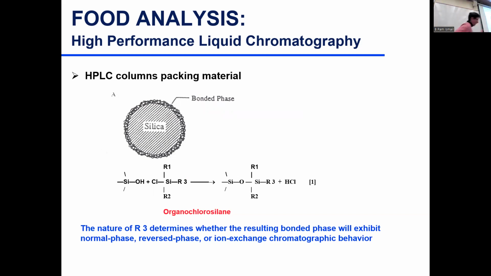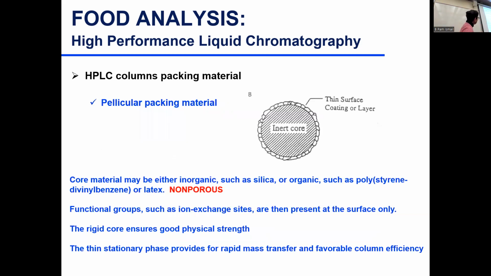So this is one type. Another type is you have an inert core, inorganic, that doesn't necessarily have any functionality, except it's an absorbent to a thin coating. It could be made up of cellulose, for example, or alumina or whatever, and then you have a very thin coating around it as your stationary phase.